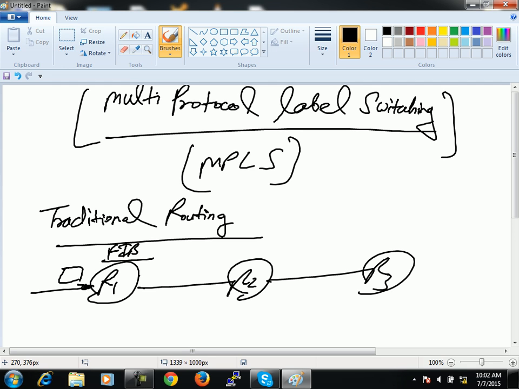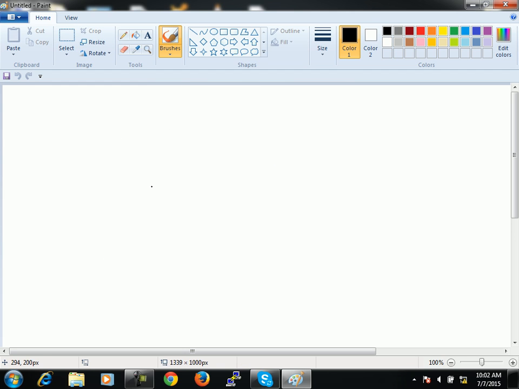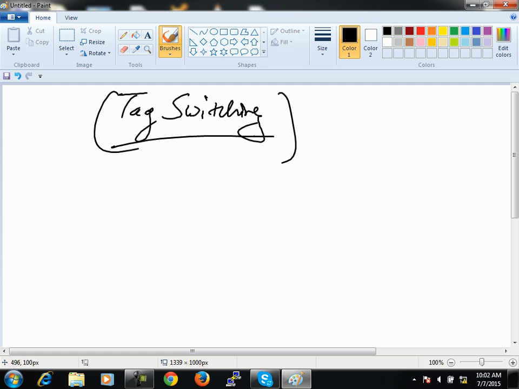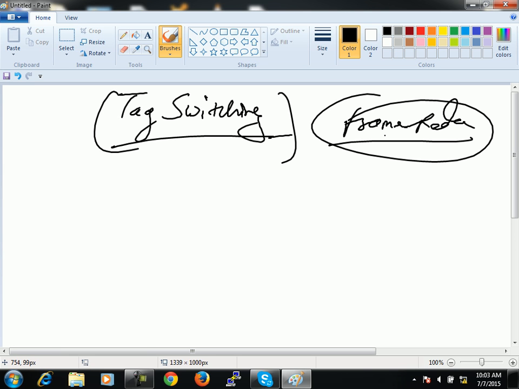To solve all these issues, tag switching came into the picture. Tag switching was proposed by Cisco itself. Do you remember frame relay? In frame relay, the frame relay switch was always switching your data based on DLCI numbers, because the frame relay switch does not understand anything else apart from DLCIs.